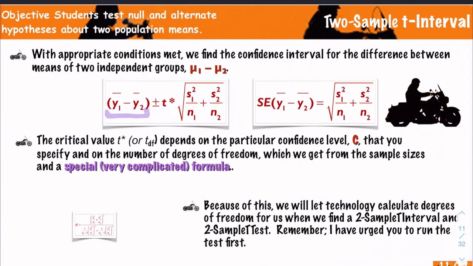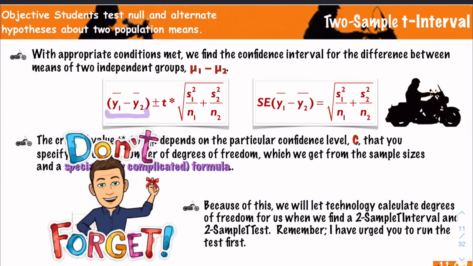So because of this, we will let the technology calculate the degrees of freedom for us when we find a two-sample t-interval and two-sample t-test. Remember, I have urged you to run the test first, and then we do the calculations by hand. Run test first, then calculate by hand.